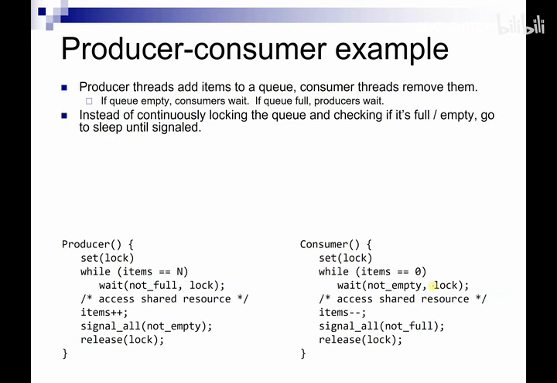Now, if the consumer just keeps the lock at this point, then the queue will stay empty forever, because nobody can access the queue in order to put something in. So the consumer is going to be waiting here forever. So the consumer needs to release the lock, and then wait for the not empty signal.